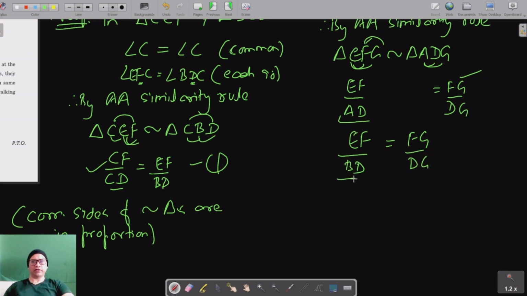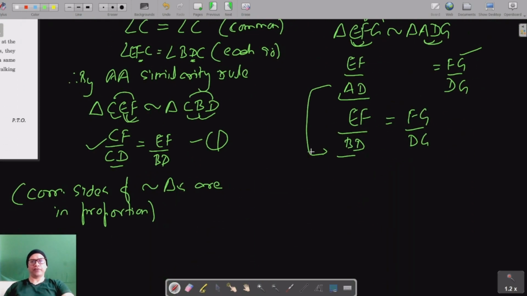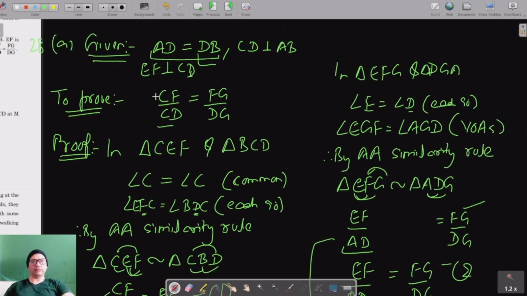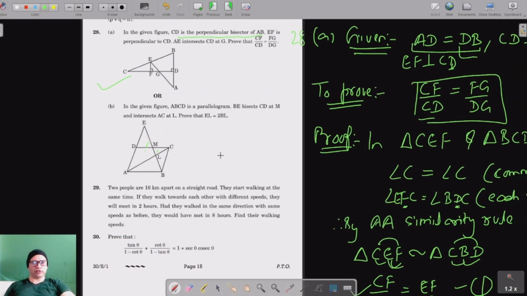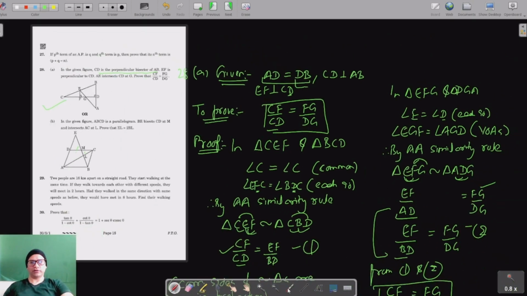Now, instead of AD, we have written BD because AD is equal to BD, it's given. Now this is equation 2. So from 1 and 2, we get CF by CD is equal to FG by DG. And now let's move on to the part B of the same question.